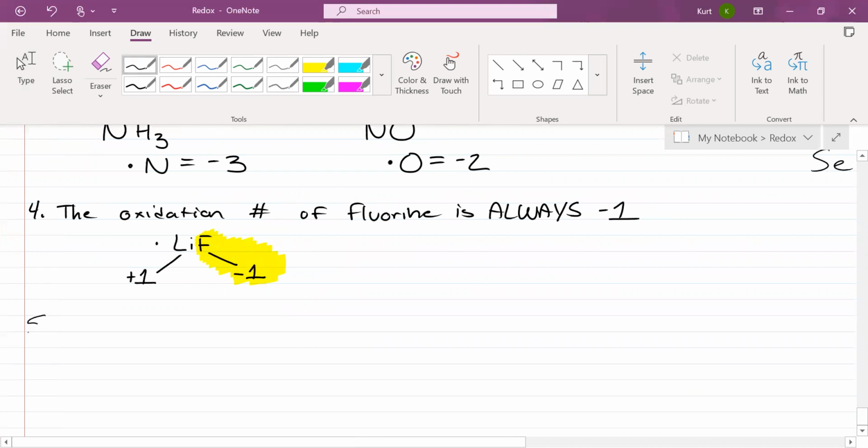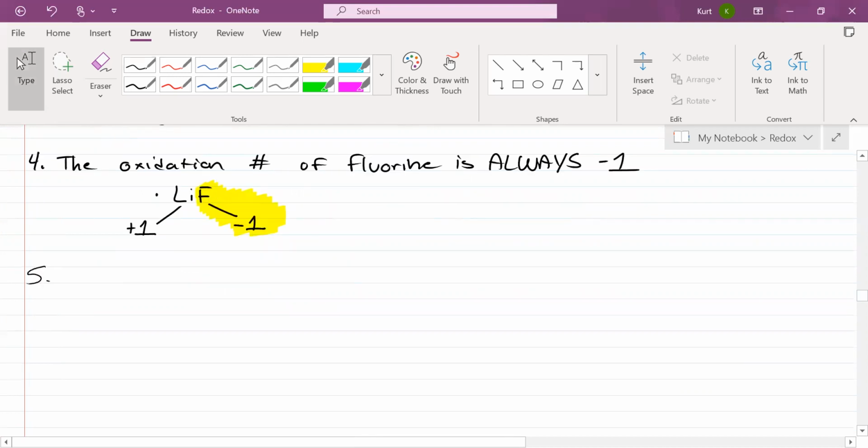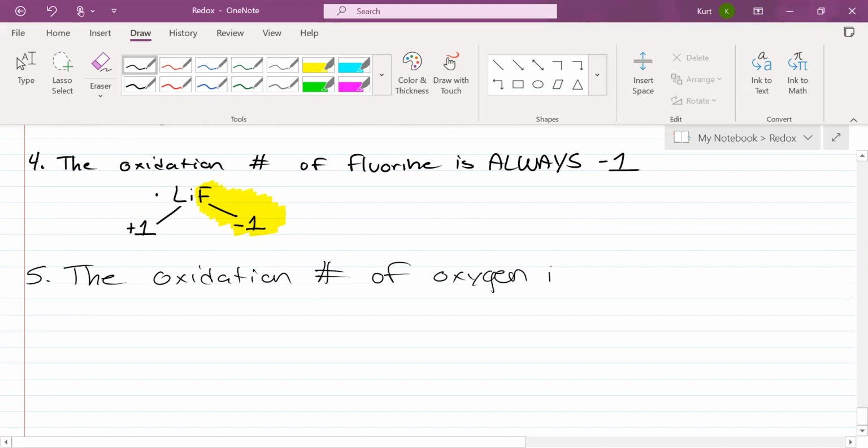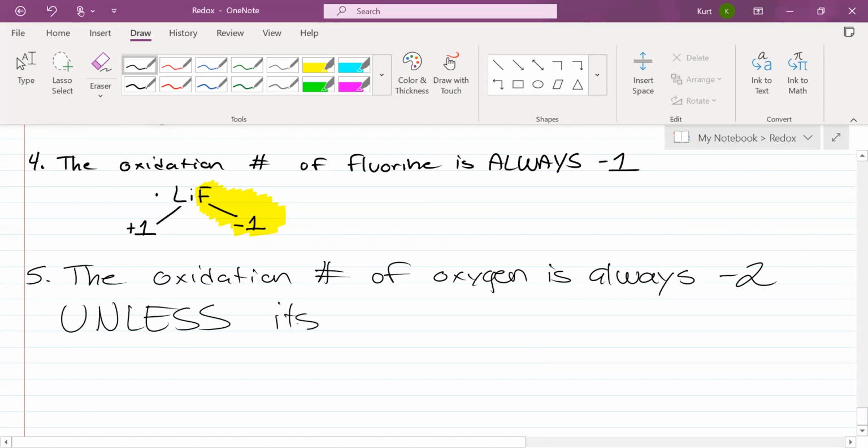Rule number 5. The oxidation number of oxygen is always -2 unless it's bonded to fluorine.